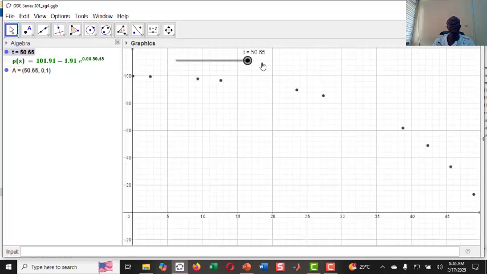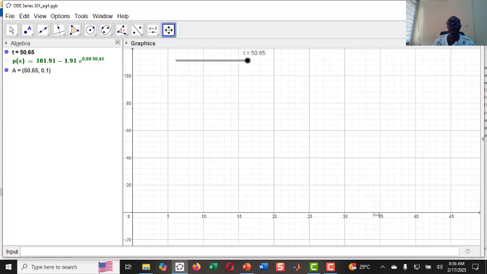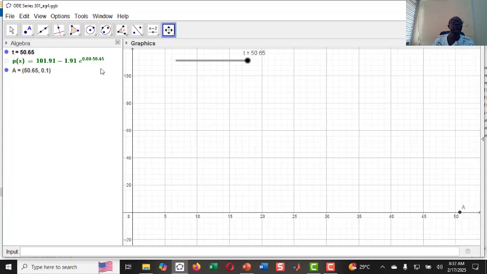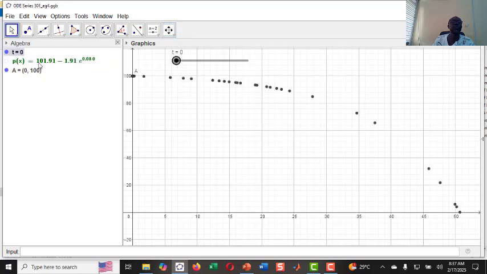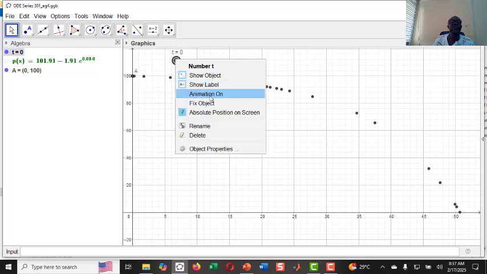That's the maximum, 50.65. So we want to see how this will draw. So we trace it, and then let me animate and see.